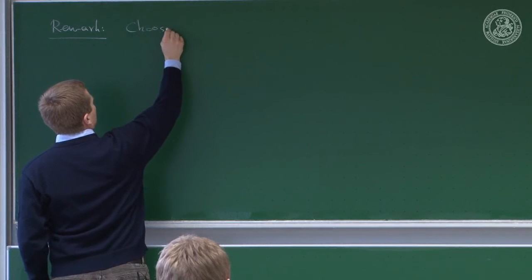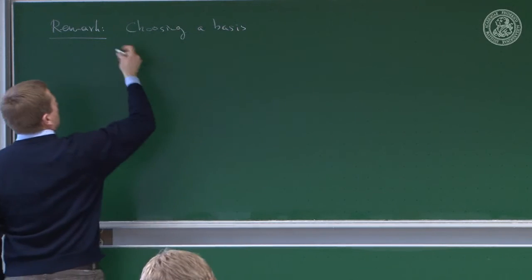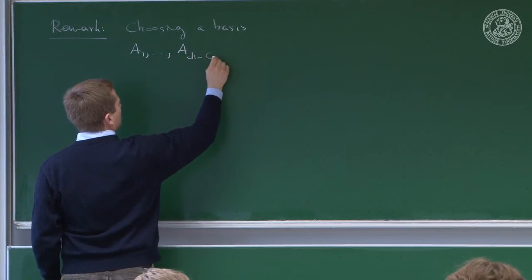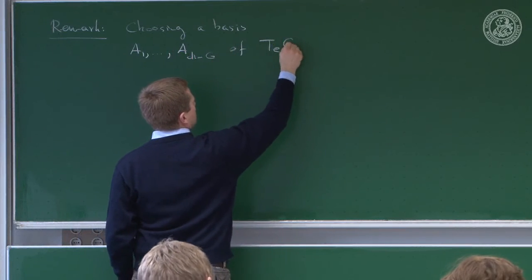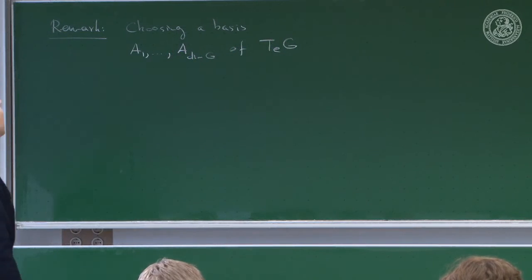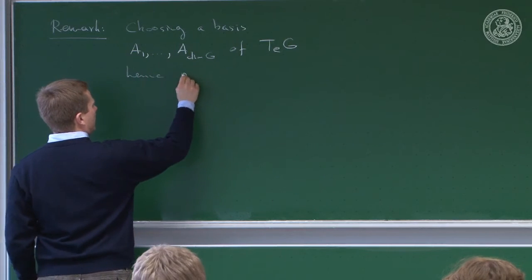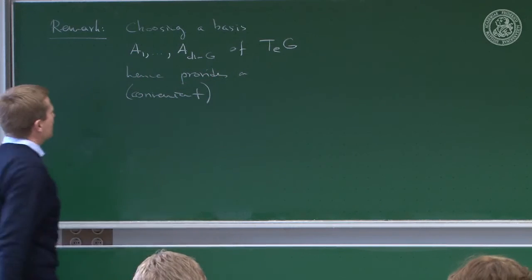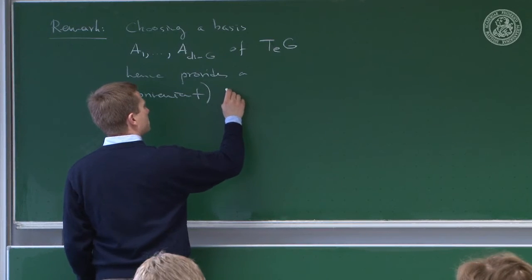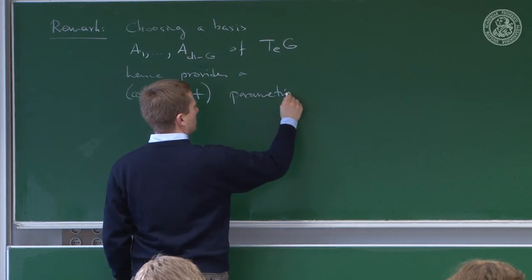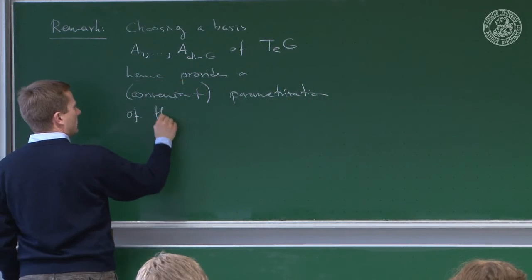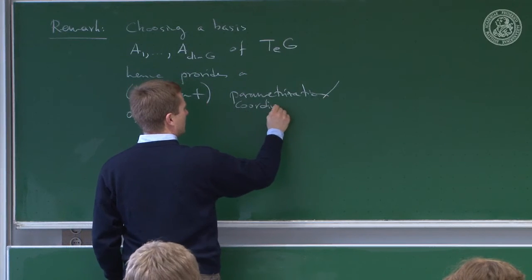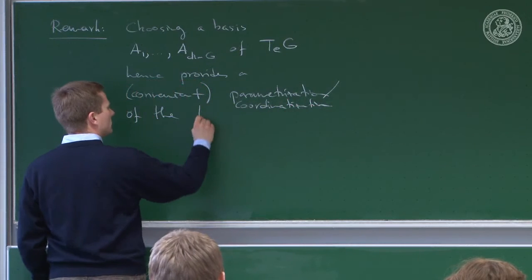Choosing a basis A_1 to A_dim G of the tangent space at the identity, choosing a basis there, hence provides, let's say, some emotional statement, provides a convenient parametrization, or coordinatization, of the Lie group.